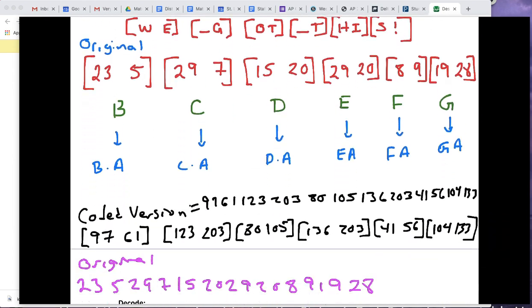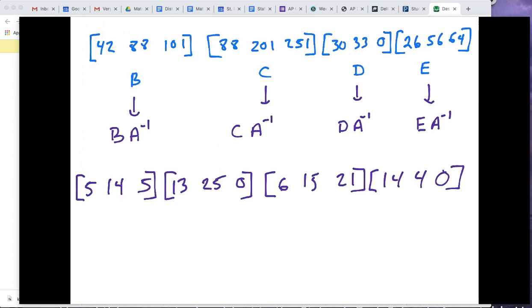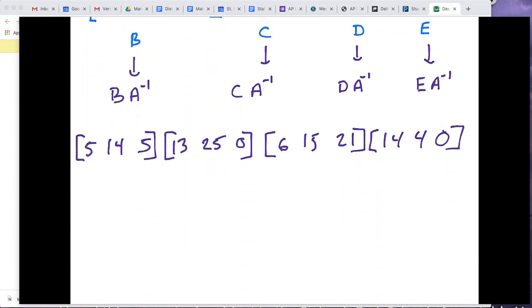But if you go back up there, 5 represents the letter E. 14 represents the letter N. 5 represents the letter E. 13 represents the letter M. 25 represents the letter Y. 0 is a space.